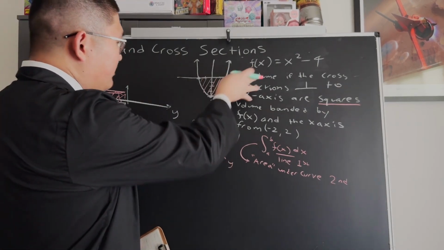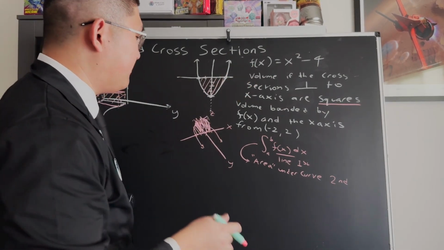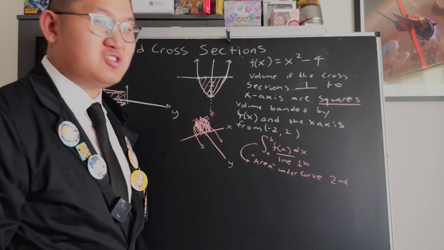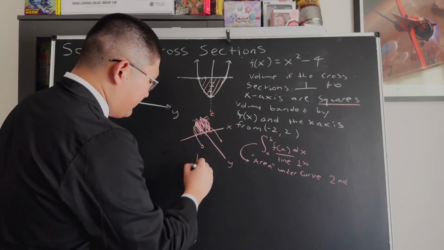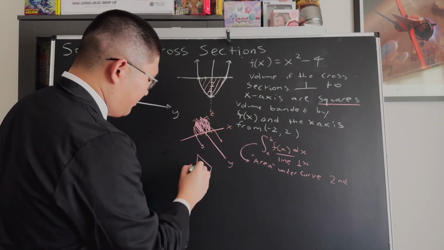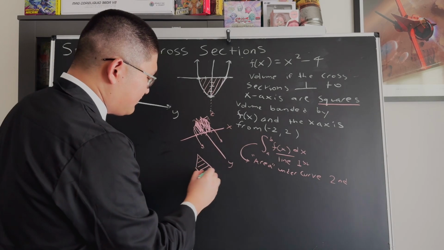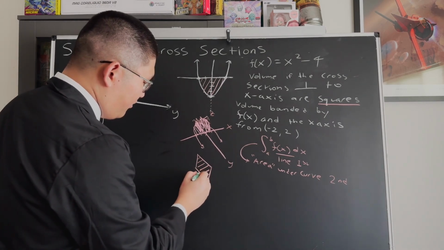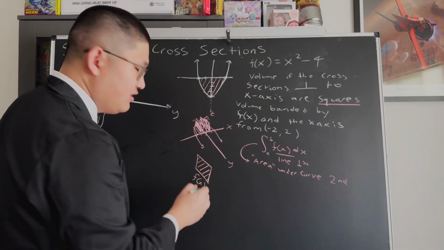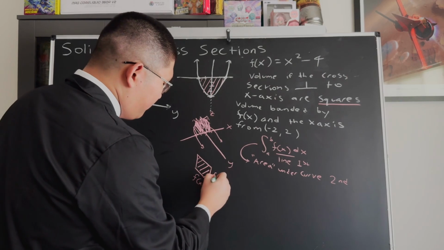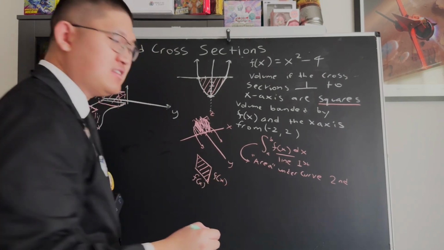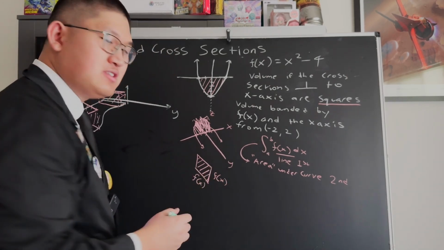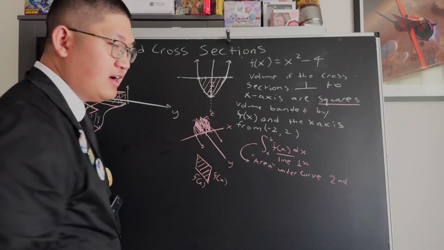Now, in terms of going to the third dimension, what if we think about it this way? If the cross sections are squares, meaning that we have a square coming up off of the xy axis, the vertical going the f of x, the results of the function. But because it's a square, the vertical height is also the same exact length, the result of that same function as it travels across.